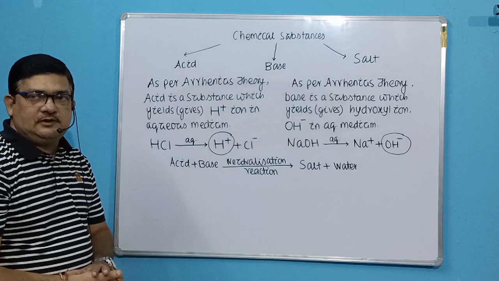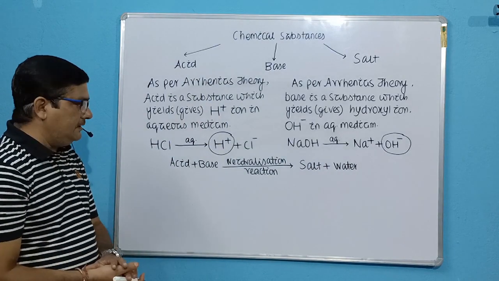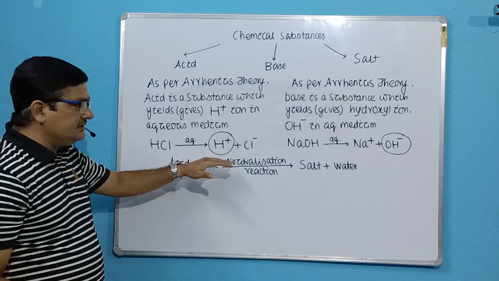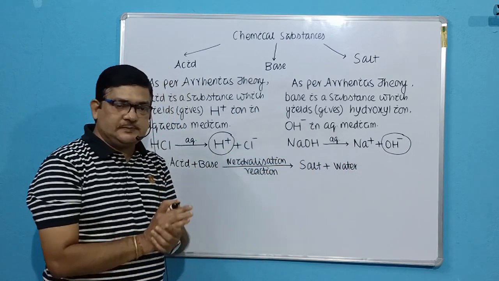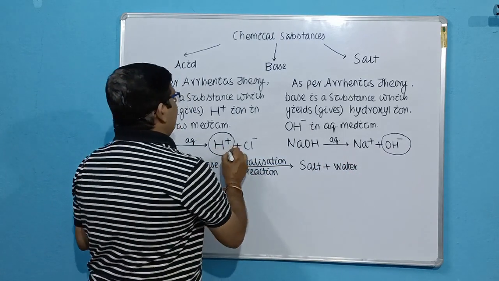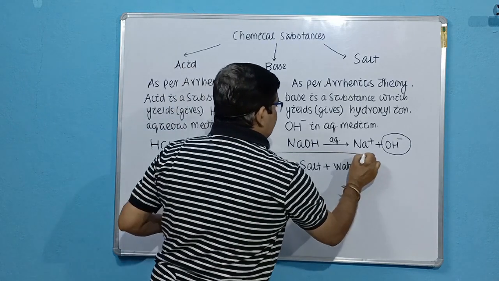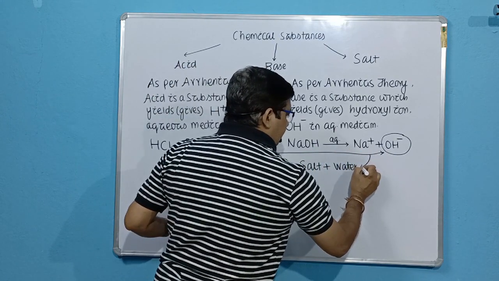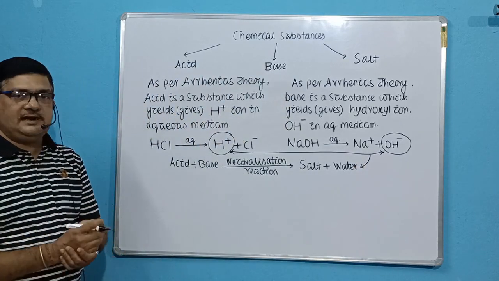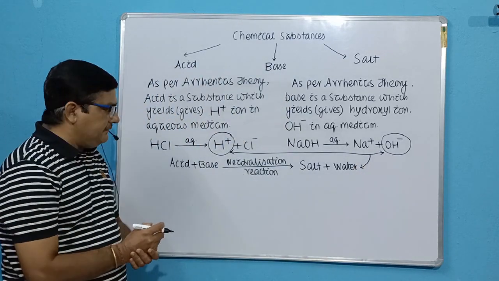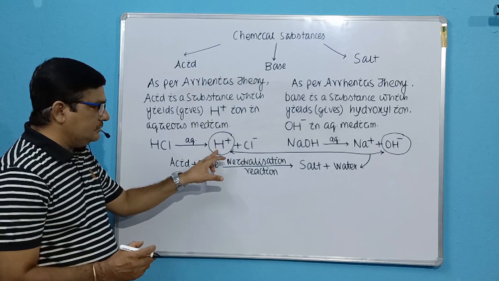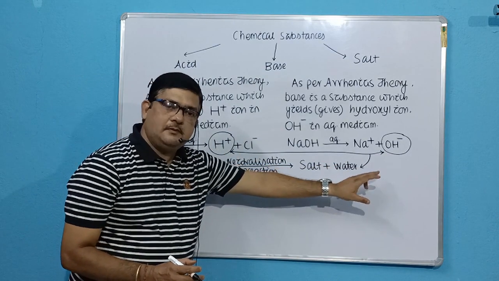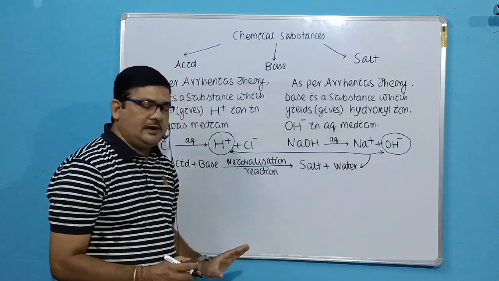So whenever an acid and base are added, water will definitely be formed, because acid gives H plus and base gives OH minus. These two will definitely combine to give water. So whenever acid and base are neutralized, water is definitely formed.